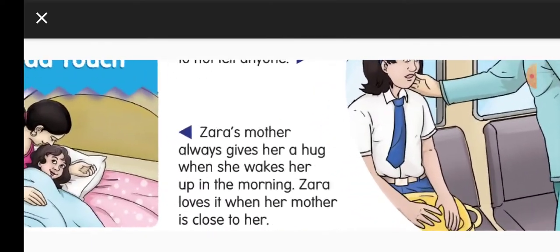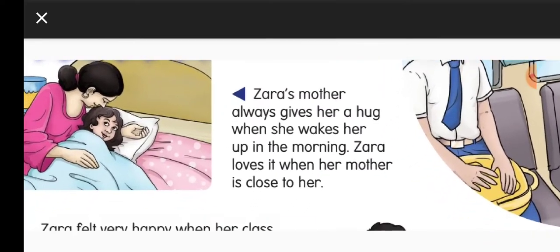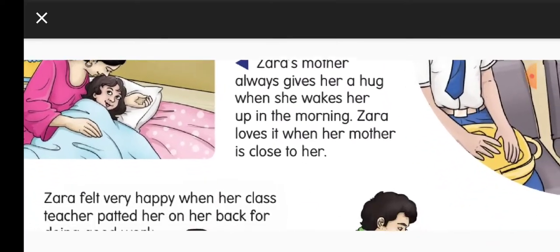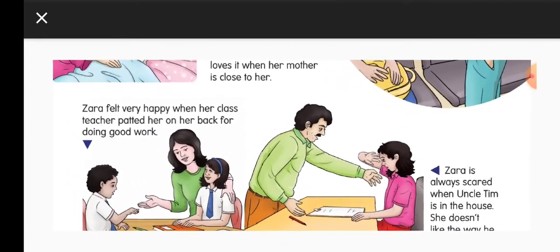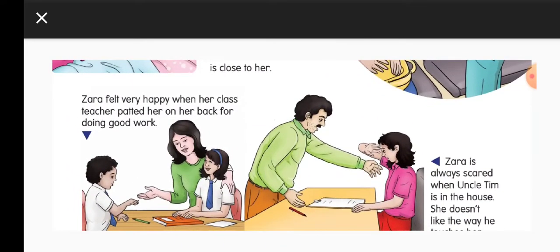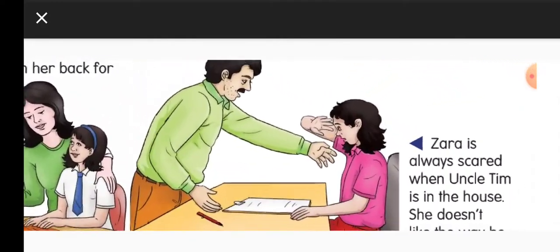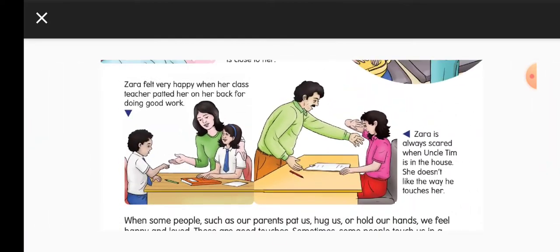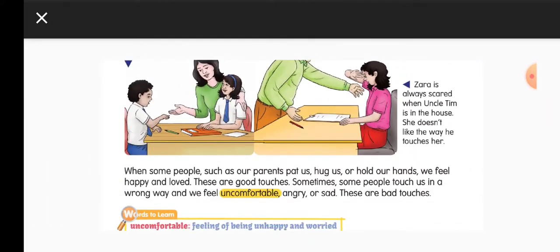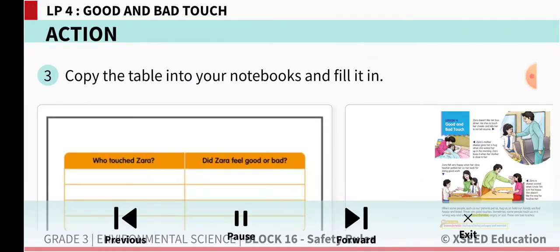When Zara's mother gives her a hug, she feels very happy because her mother loves her a lot. When her class teacher patted her on her back for doing good work, she felt proud and happy. When her uncle is in the house and touches her, she doesn't feel good. So what should we do when we don't like someone touching us? That's what we are going to learn, right?